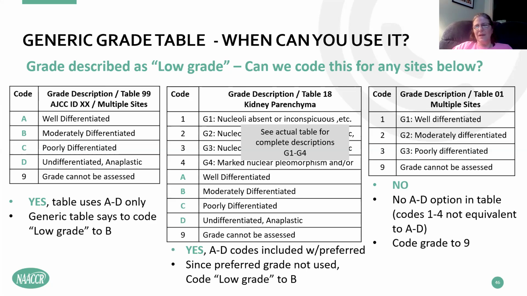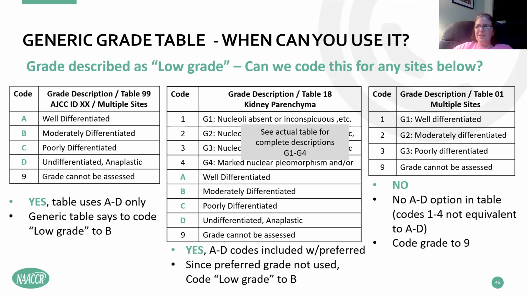So if you had a kidney that just said moderately differentiated or low grade, let's say low grade, you could go use the generic grade category, which would tell you a low grade is, I believe, either a 1 or 2. I don't remember right offhand, but you could use that, an A or a B. So you could use the generic grade category table for a low grade kidney because kidney has the A through D codes.